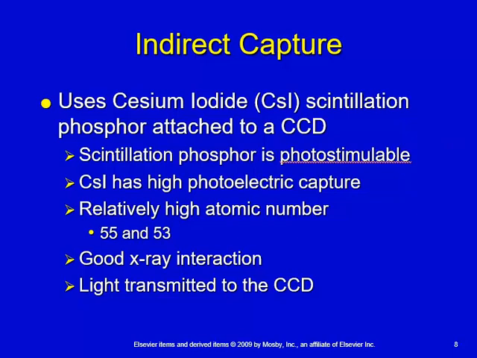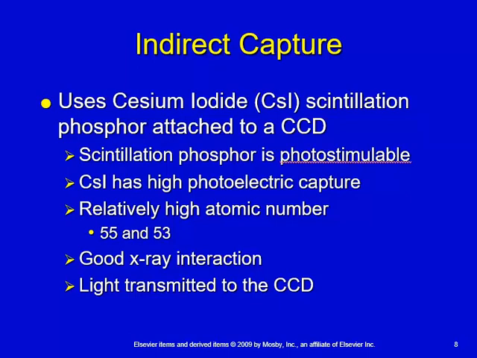The cesium iodide is a scintillation phosphor. That means you make an exposure on it and it glows. The reason we use the cesium iodide is because it has a high photoelectric capture. That's just a fancy way of saying it's got a lot of electrons, so a lot of targets for the X-ray photon to hit, and since there's a lot of targets for it to hit, we get a lot of interaction on the plate itself.